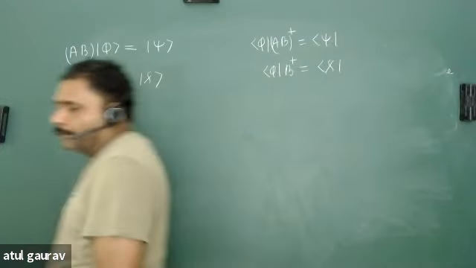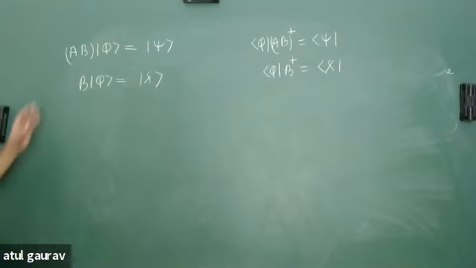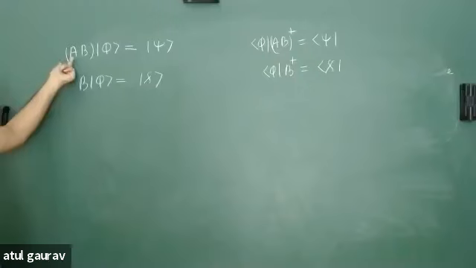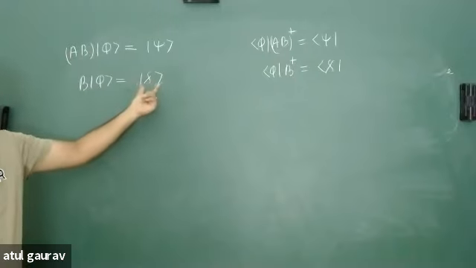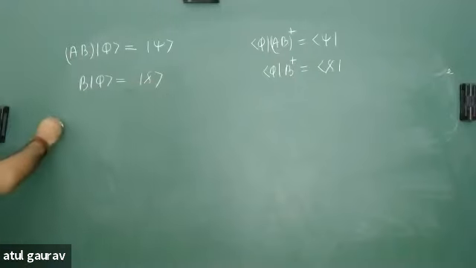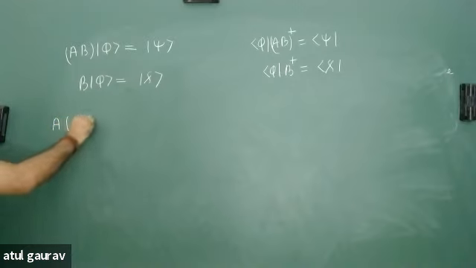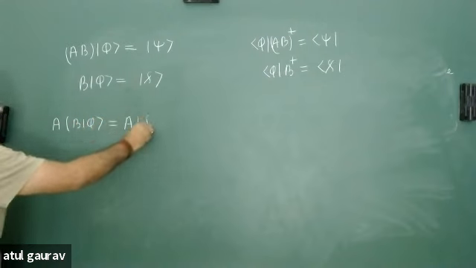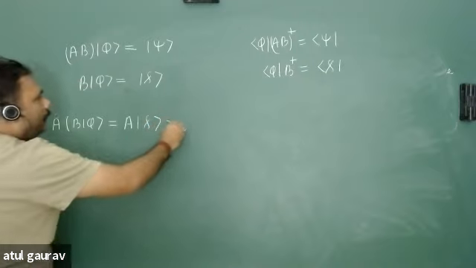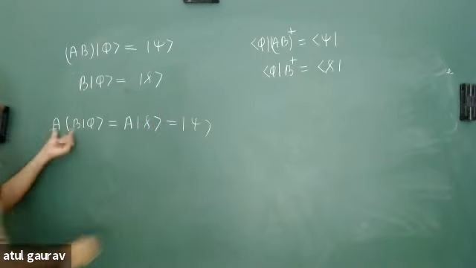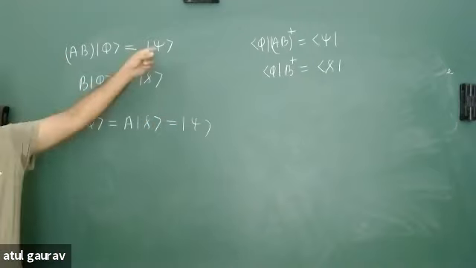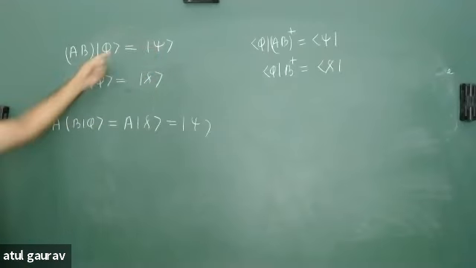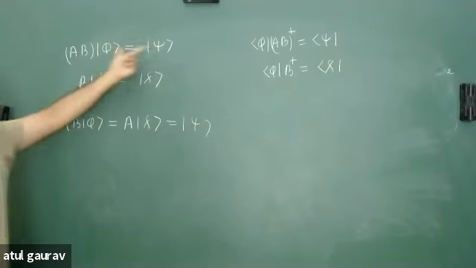Now let's go to the next one. A is operating on B phi, which means A is operating on chi. What I will get is psi, because we have written from the initial condition that AB phi is equal to psi.